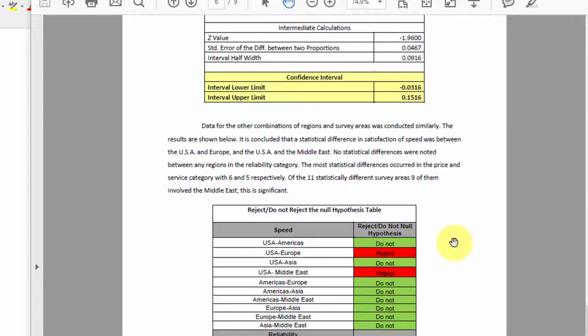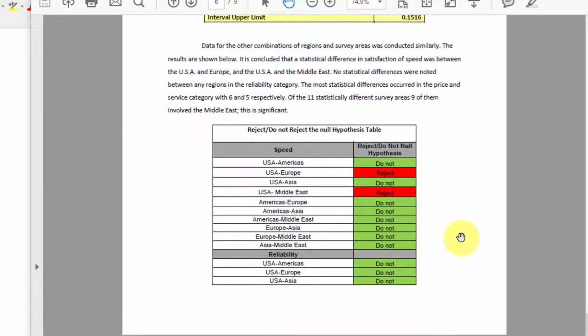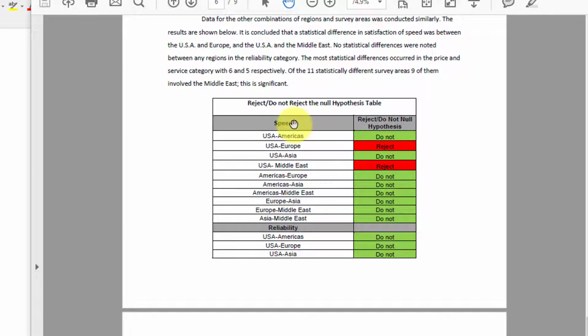And then he says, well, I did that for all of the pairings for each of the factors, and he produces a nice table here that shows on speed each of the pairings. Green, it said that you do not reject, which means there's no difference.